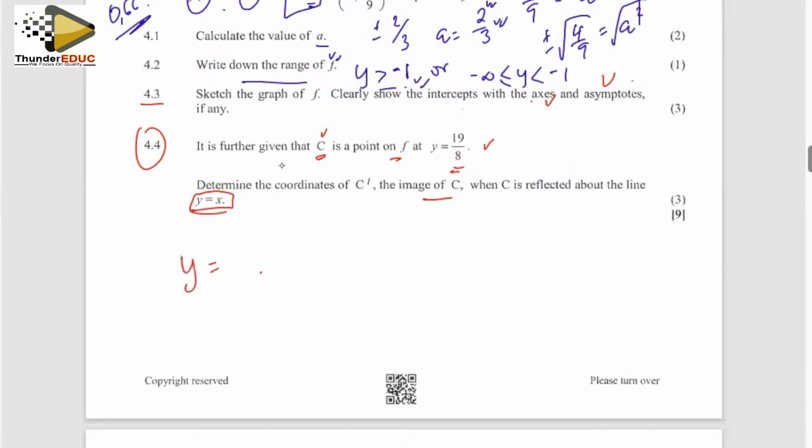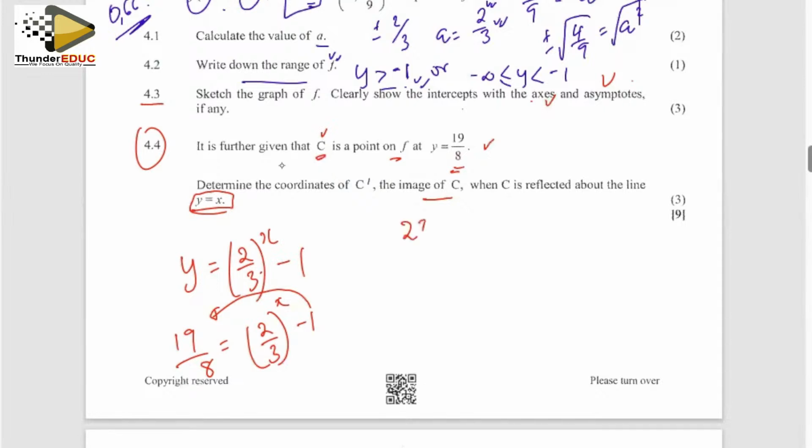So if y is given as 2/3 to the x minus 1, they're telling us y is 19/8, which is equal to 2/3 to the x minus 1. Let's move the one that side, which is going to be a plus. So 19/8 is saying plus 1. That must give us 27/8. So 27/8 is the same as 2/3 to the x. Now, what I can do is that I can use the logs straight away.